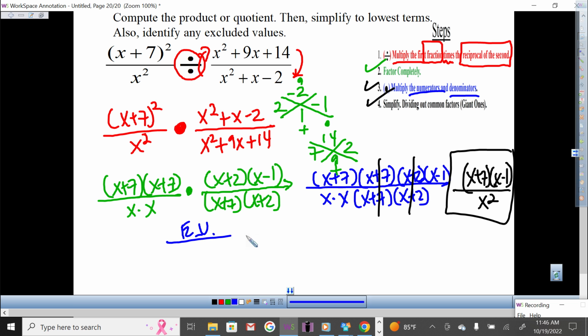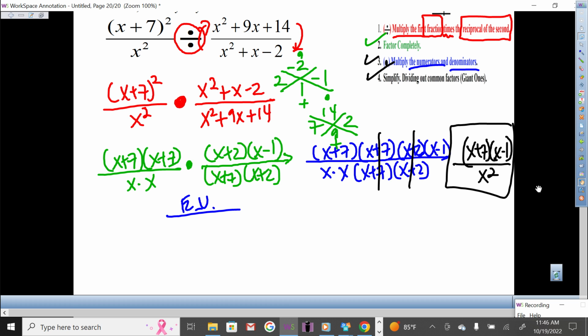Excluded values. Before I call on someone, tell your neighbor what to write to find the excluded values. All right. Delilah, get us started. What do I write?